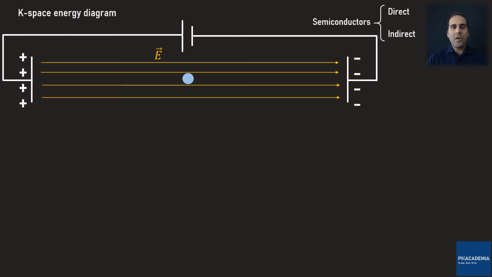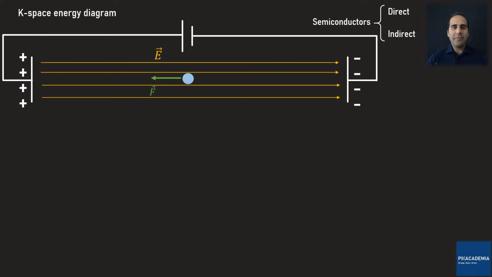The direction of the electric field vectors is from the positive electrode to the negative. This electric field exerts force on the electron, and as a result of this force, the electron gains some kinetic energy moving towards the positive electrode.